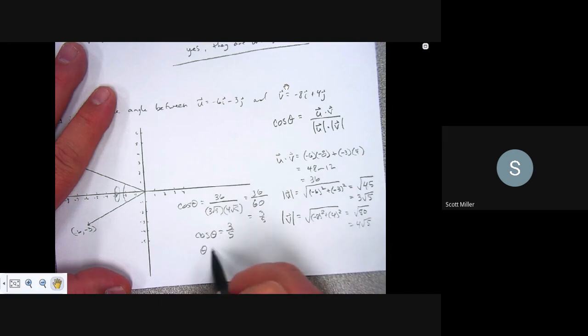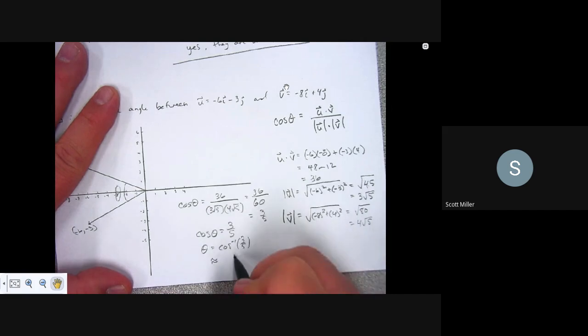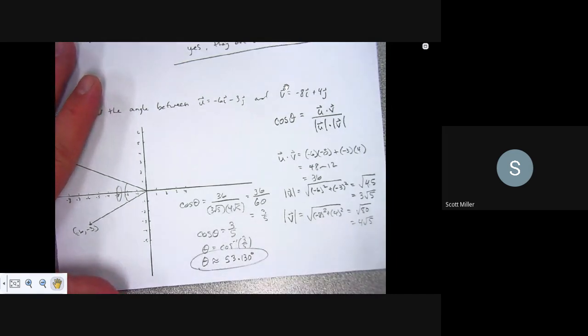So we can do our cosine inverse of 3/5, and we can get an approximate value for our angle, which will be 53.130 degrees. And there you go. Okay, so about 53 degrees.